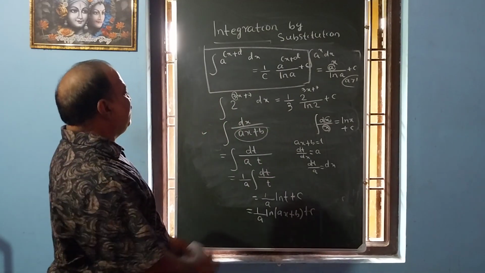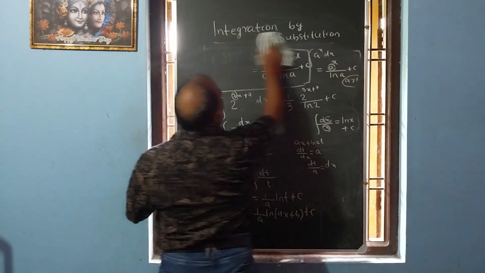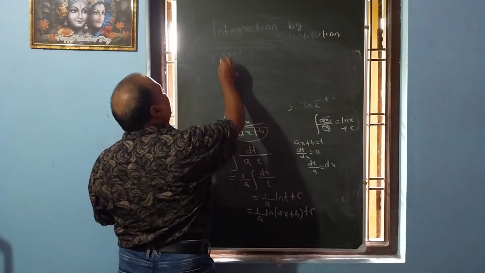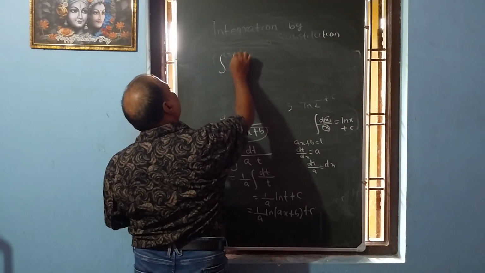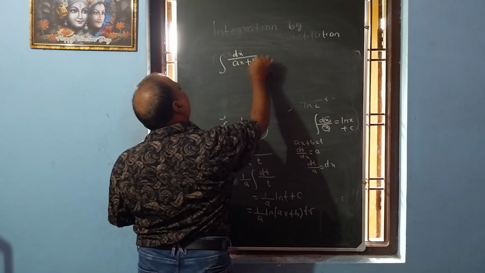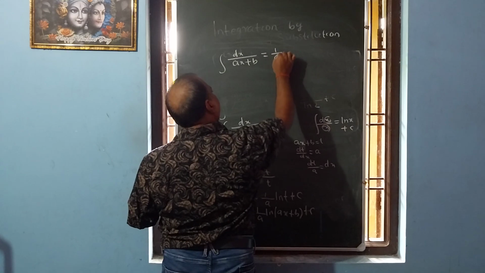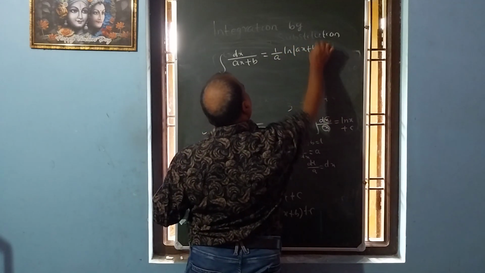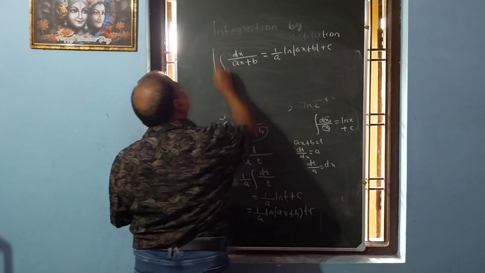Okay? So you remember the formula: integration of dx by ax plus b is equal to 1 by a ln ax plus b plus c. Remember, this is one formula.